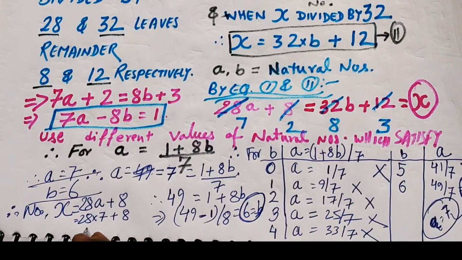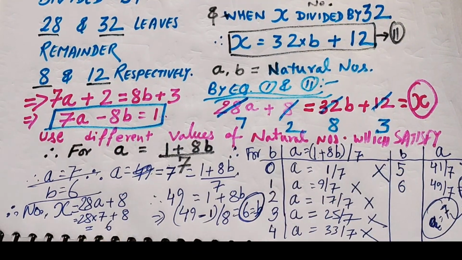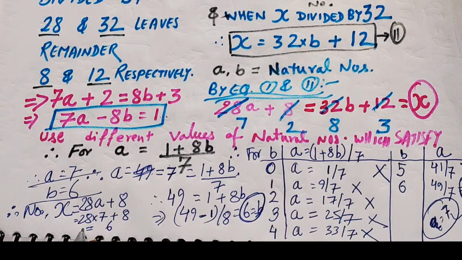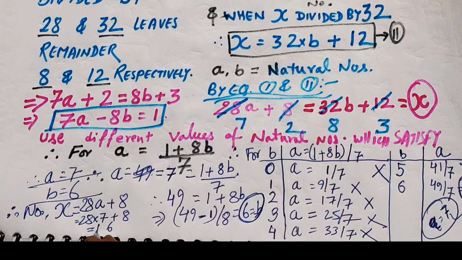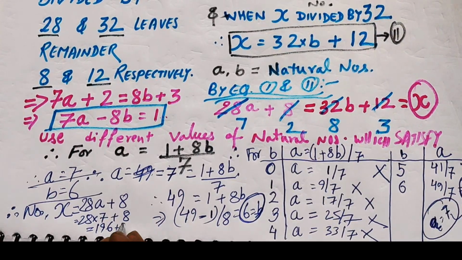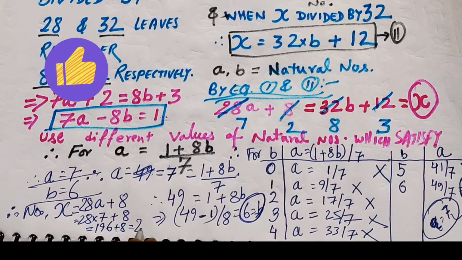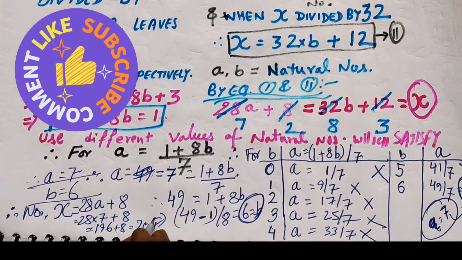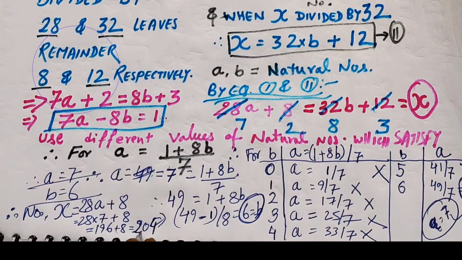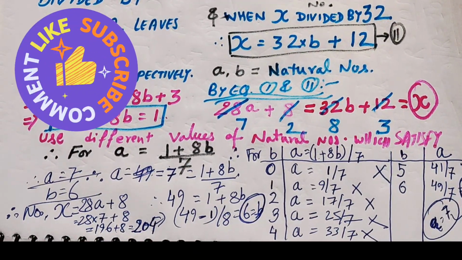So 28 into 7 will be 196. So 196 plus 8 will give you the value 204. Now we have identified the number, that number is 204, which is asked in the question.